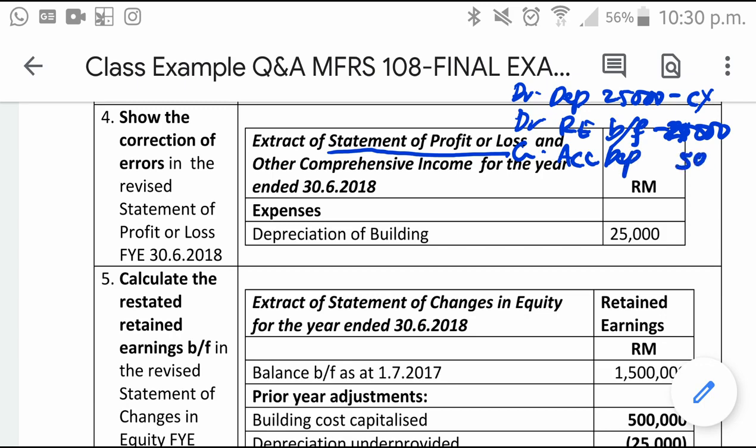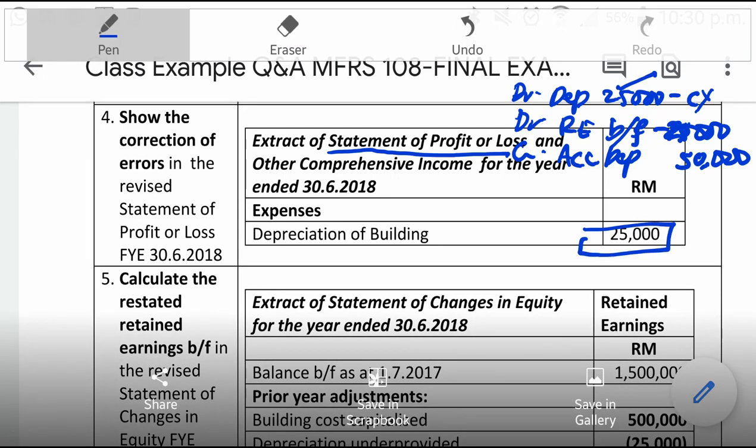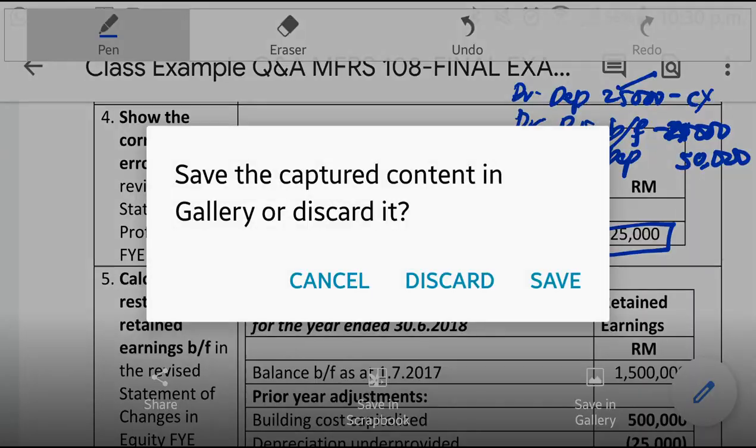If you cannot recall, I'm writing for you. So with that, you show that 25,000 here in the building, right? So that was the effect for the expenses. So this 25,000 that you have in the prior period won't be shown in the SOPL because SOPL just records for the current year.